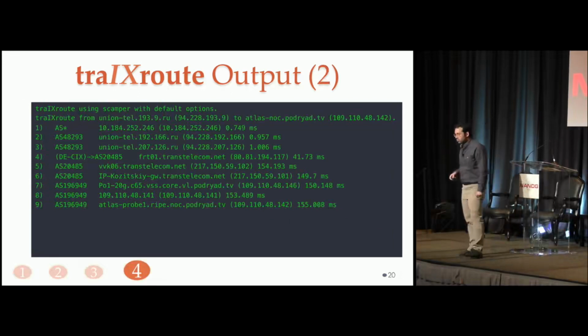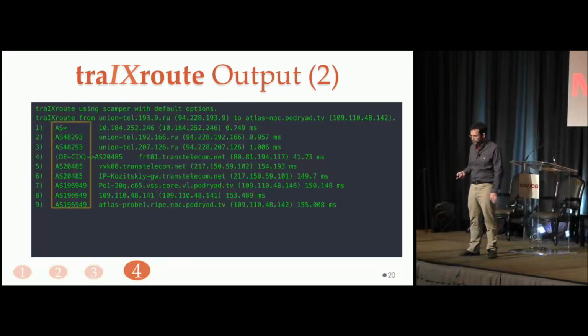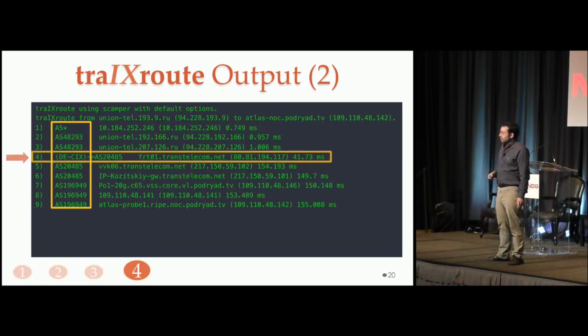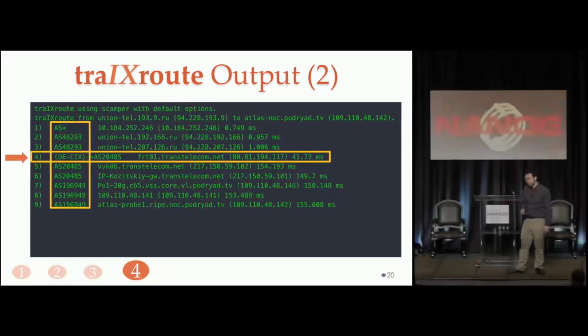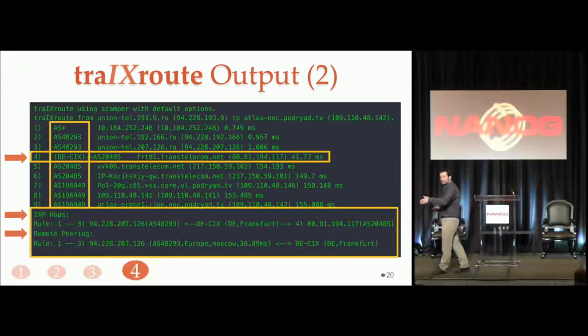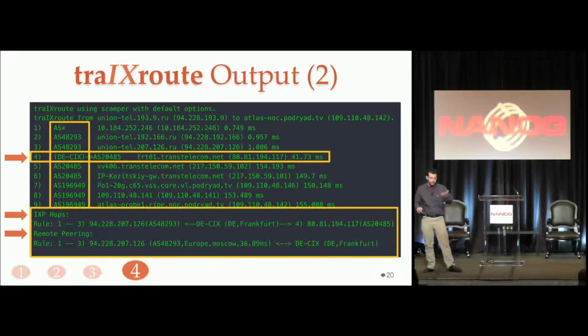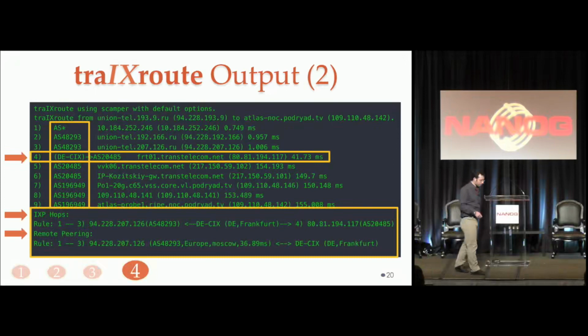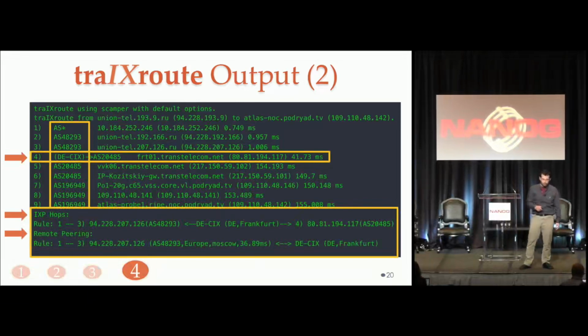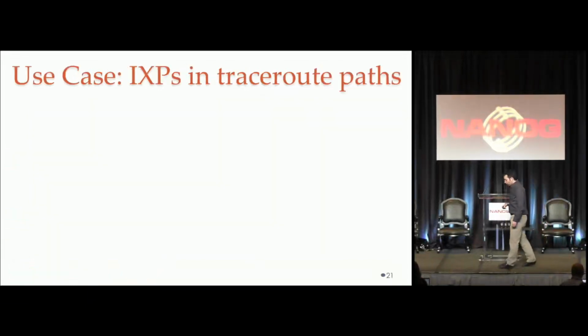And then we print the candidate traceroute path, augmented with some AS-based information, with some detected IXP IPs. But most importantly, at the bottom, we have all the IXP crossing links and, of course, the inferred remote peering links for the detected IXP for the candidate traceroute path.